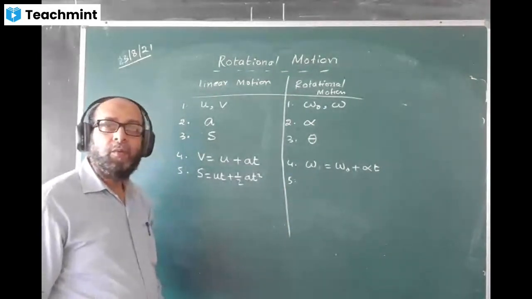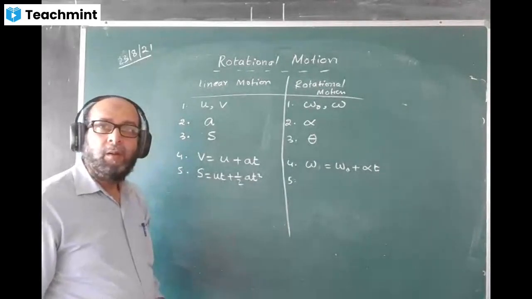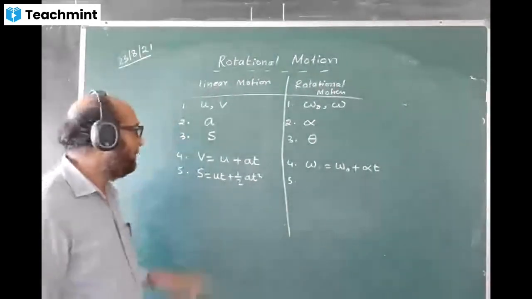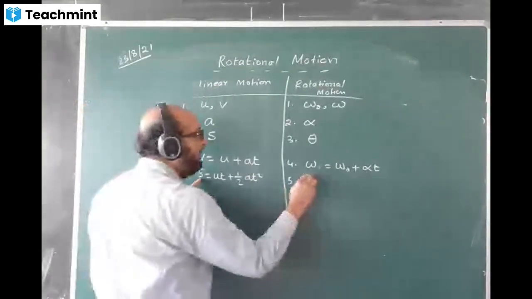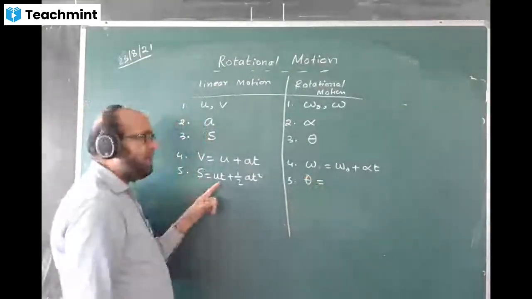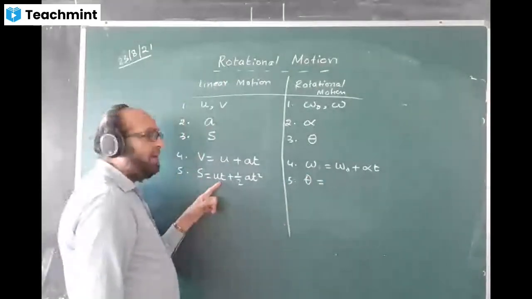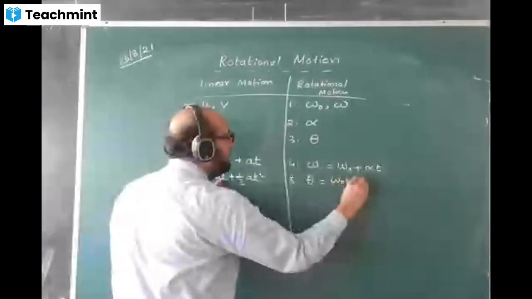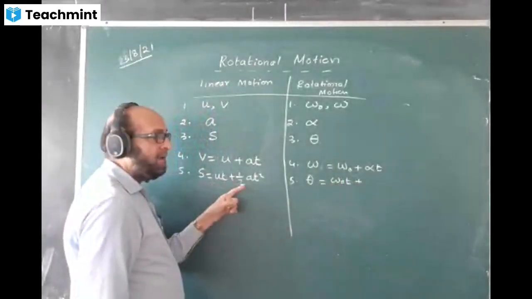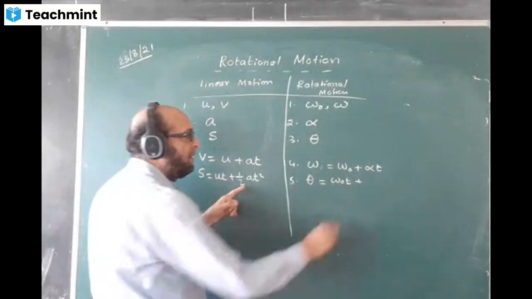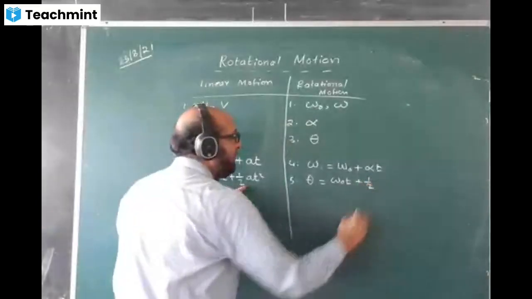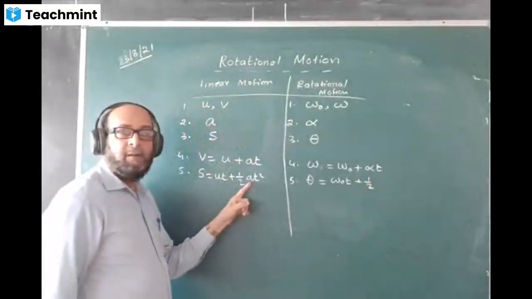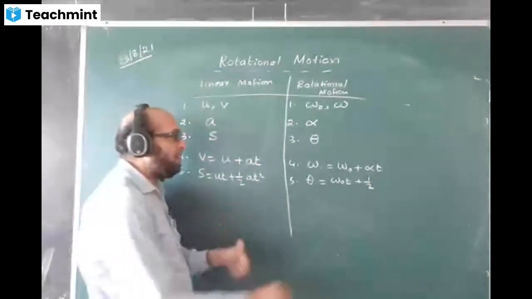Say fast, one of you. Theta equals omega naught t, very good, plus half alpha t square. Very good, you understood it.